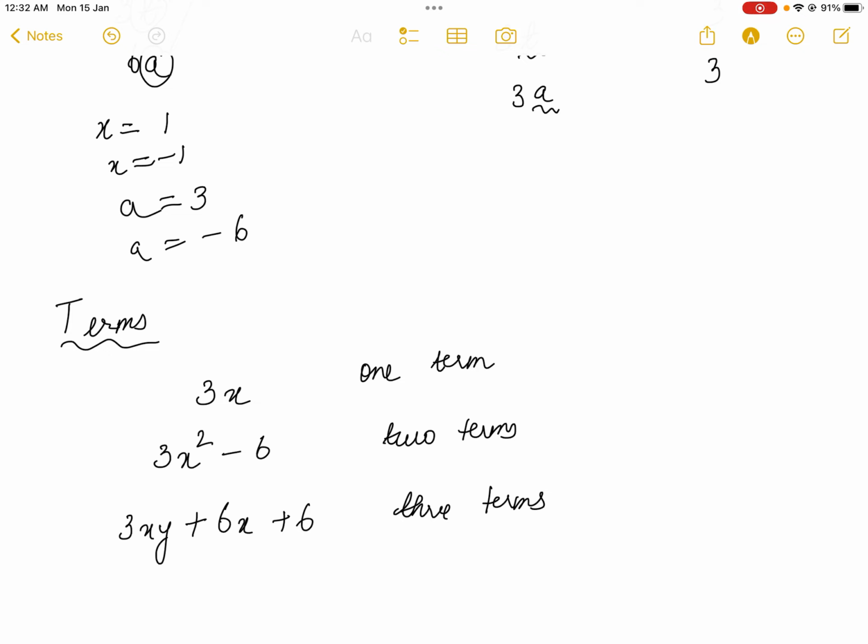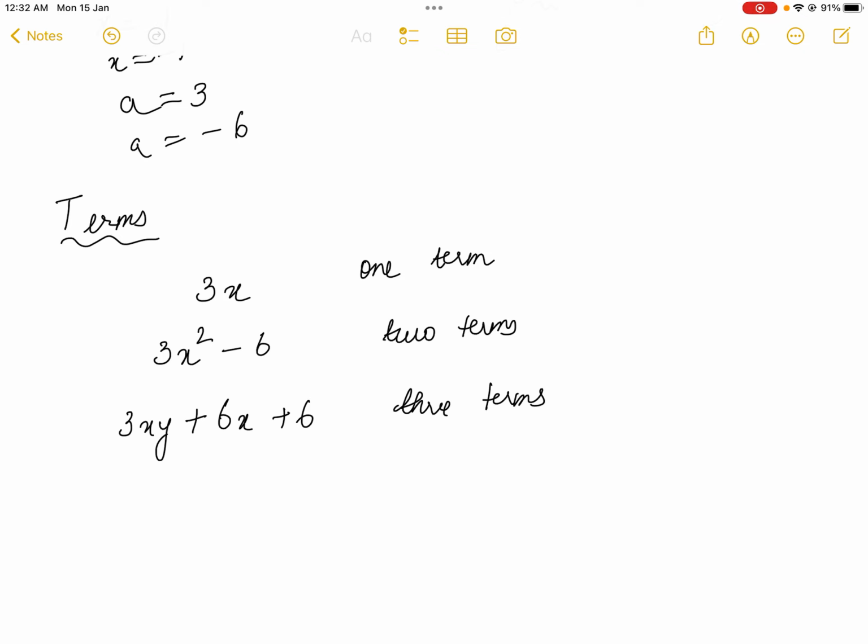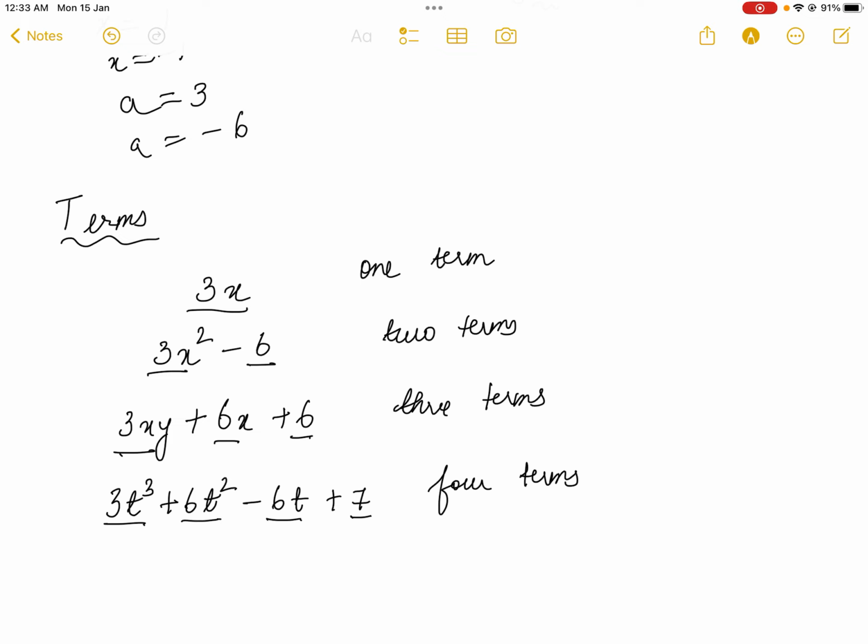Can you see all these terms? Or sometimes let's just say 3t cubed plus 6t squared minus 6t plus 7. These are 4 terms, right? Clear? See, one term here, one term, 2 terms, 1, 2, 3 terms, 1, 2, 3, 4, 4 terms.